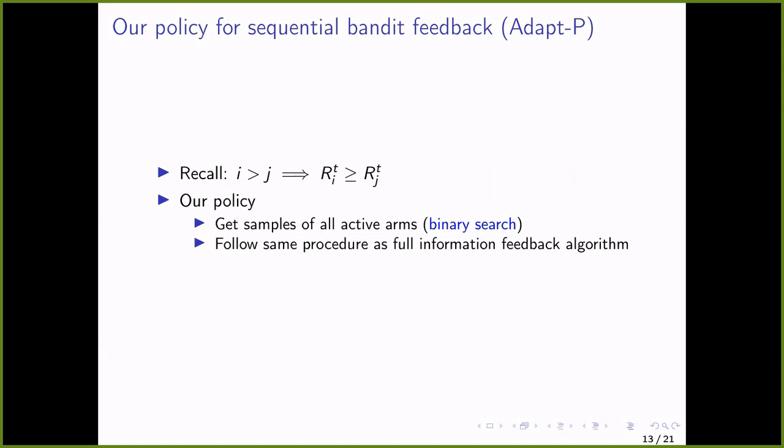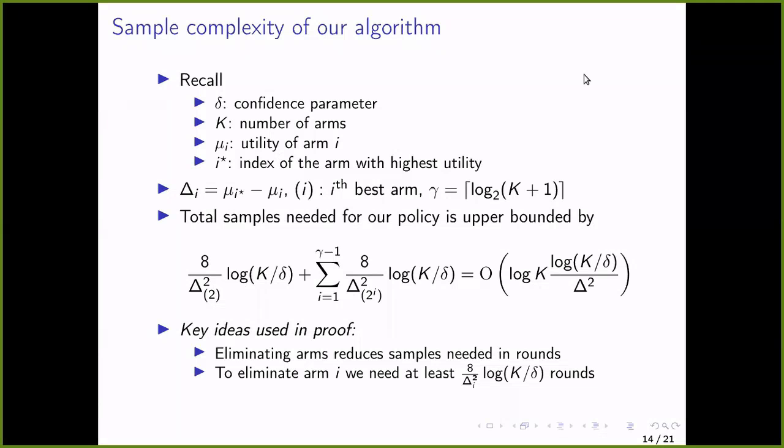Our policy is also known as the adaptive policy. We first get the samples of all arms by using the binary search approach discussed before. We then follow the same procedure as the full information setting to eliminate arms. I will now present our analytical results for the sequential information setting.